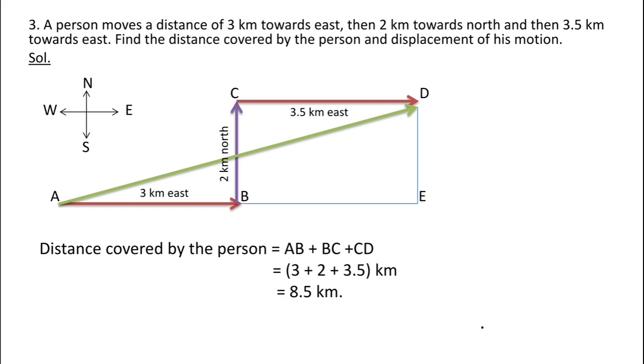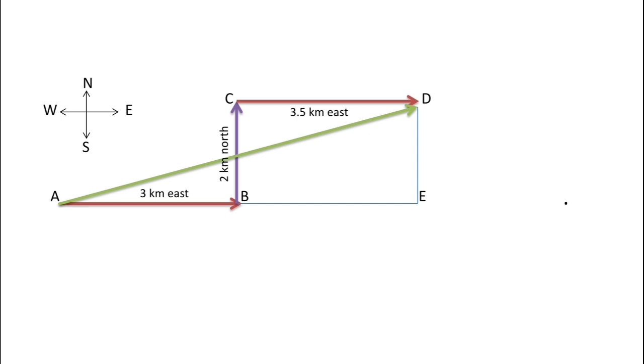Now let us try to find the displacement in this journey. So again from this diagram it is clear that A is the initial position and D is the final position, and we know that the shortest line joining the initial to final position gives the magnitude of displacement. So AD can be calculated with the help of the triangle AED, and AED is a right angle triangle.